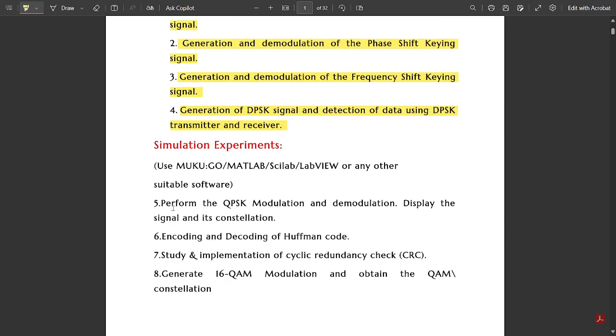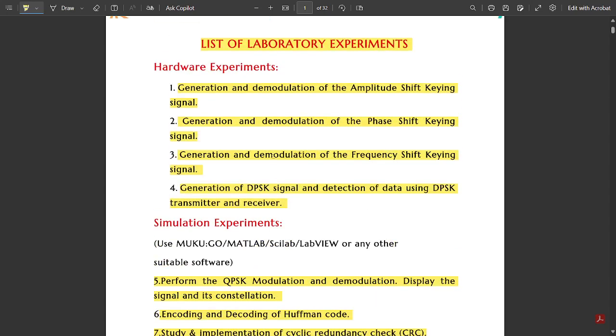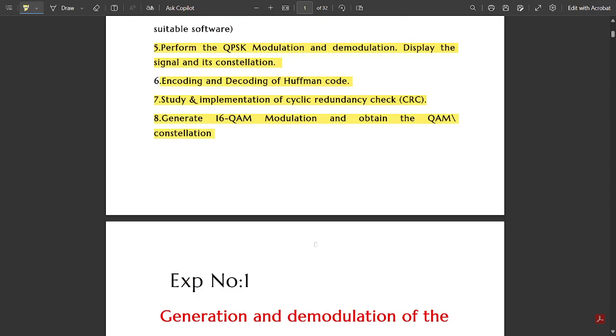Okay, these are the simulation experiments, that is, coding experiments. One is QPSK modulation and demodulation, displaying the signal and constellation diagram. Encoding and decoding of Huffman codes, study and implementation of CRC, that is cyclic redundancy check, then generation of 16-QAM modulation and obtaining the QAM constellation. Okay, so these are the list of experiments.